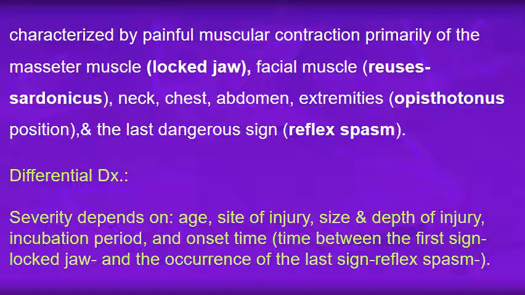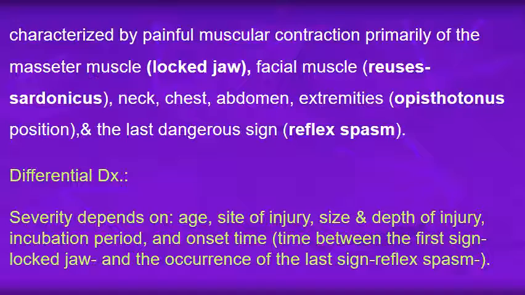The severity depends on age. Of course, the extremes of age are more dangerous, like very young or very old. Site of injury: the closer the site of injury to the central nervous system, the more severe the clinical presentation. Size and depth of the injury. Incubation period: the shorter the incubation period, the more severe the signs and symptoms.